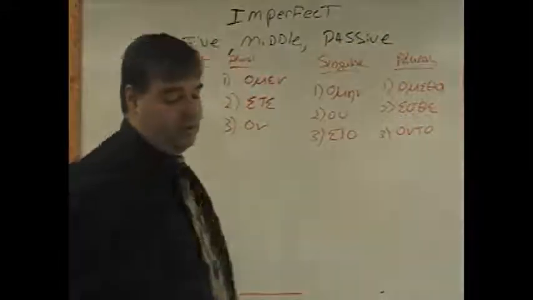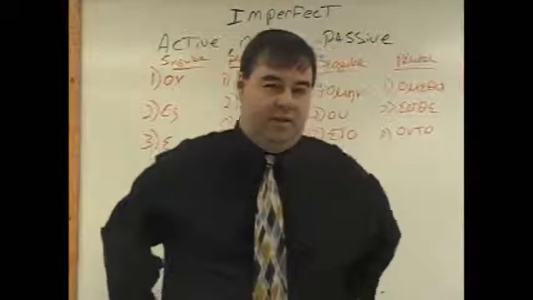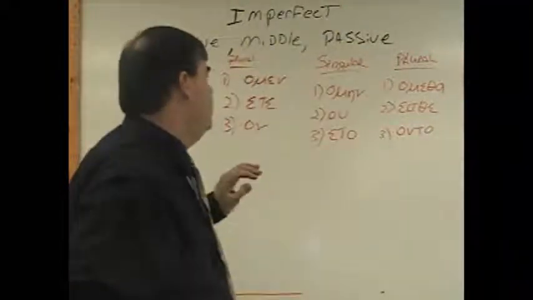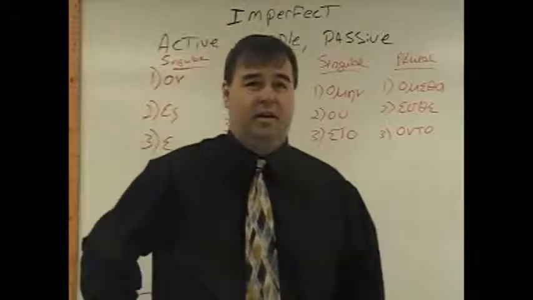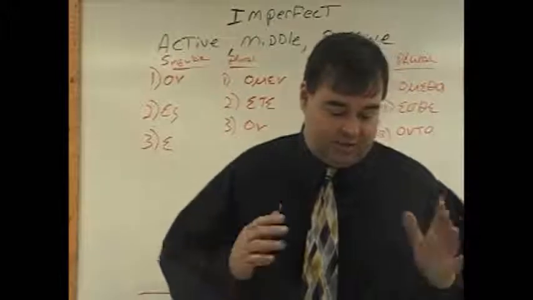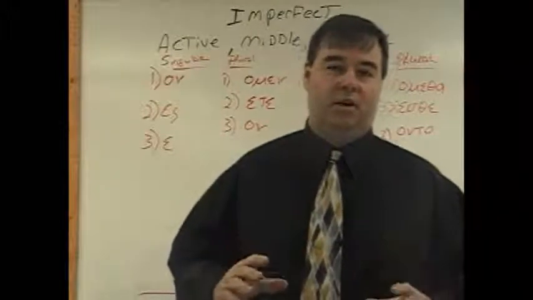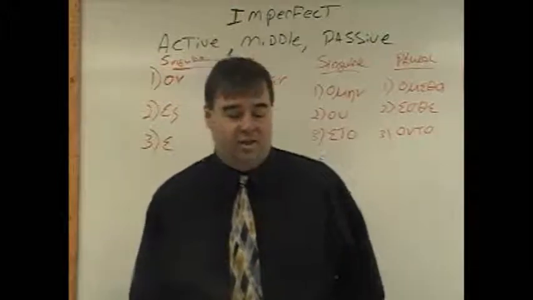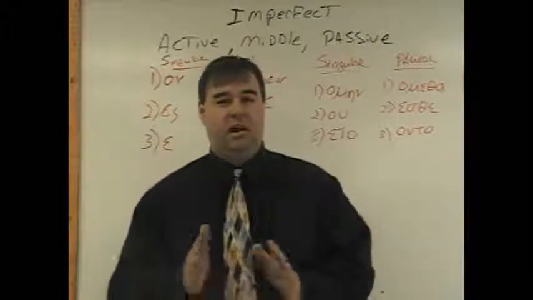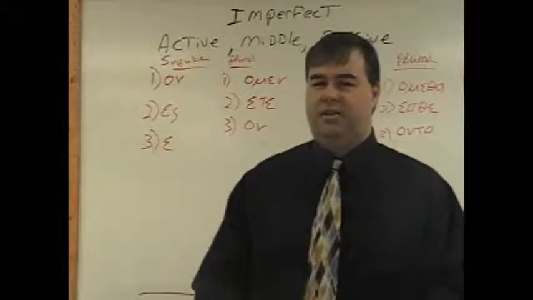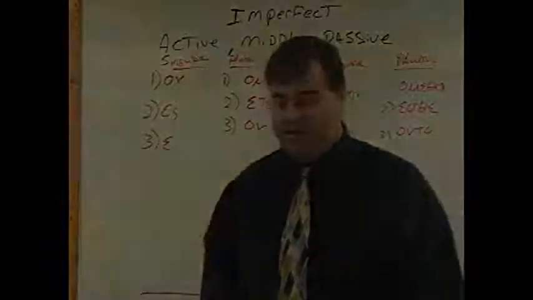So that's a list that's probably fairly important that you look at and understand. But the augment is fairly simple. It's just the fact that whenever that first letter is a vowel and it lengthens, sometimes you've got to think about it. But chances are, if you can recognize that word a little bit, you can say, okay, now that lengthened right there, so that's an imperfect.